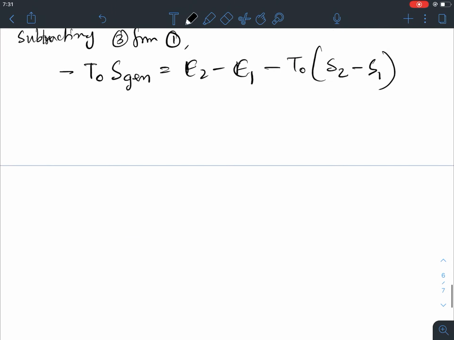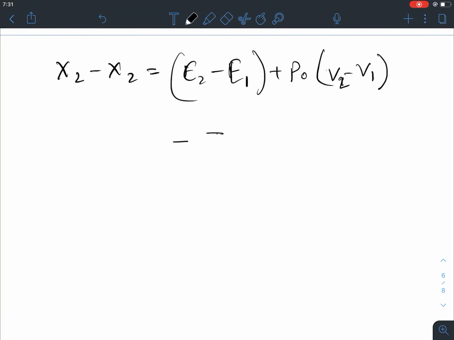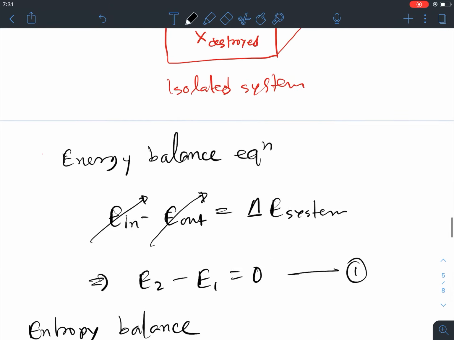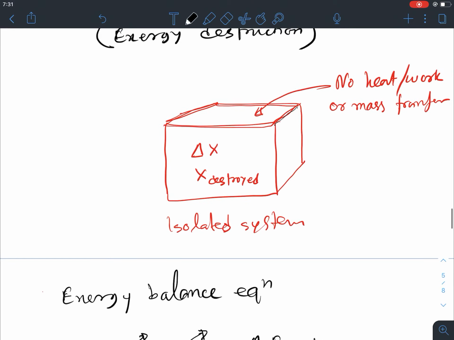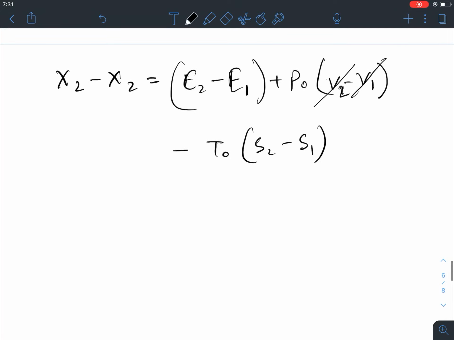Now for the exergy change of a closed system, we derived this expression in the last class: X2 minus X1 equals E2 minus E1 plus P naught of V2 minus V1 minus T naught of S2 minus S1. However, it's an isolated system and it's a constant volume, right? Volume is not changing, so V2 and V1 are the same.